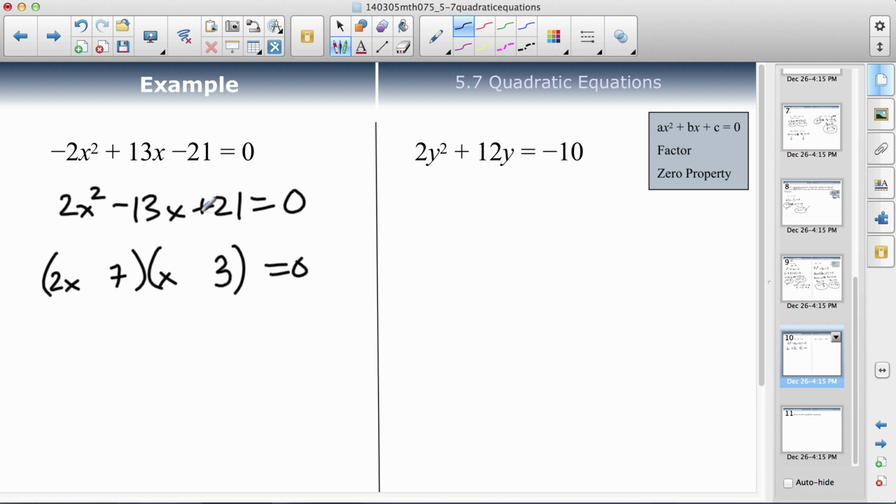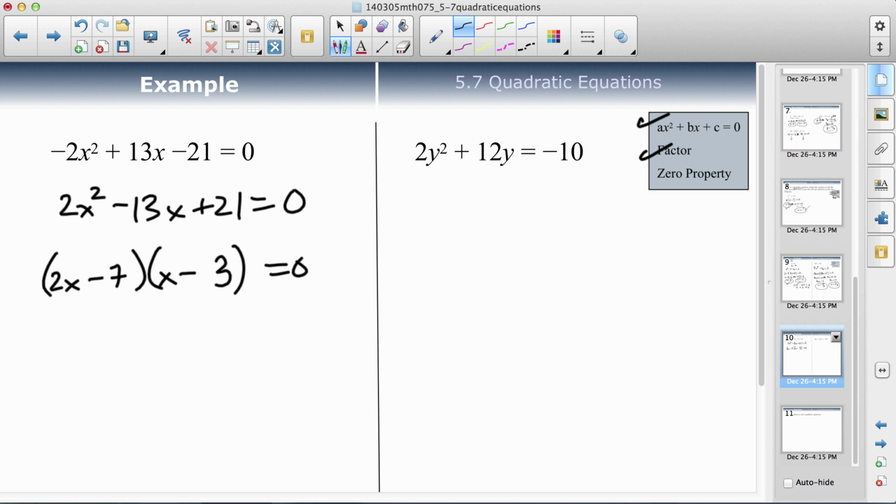This is positive, so they both have to be the same sign. They both have to be negative. Let's just check that. 2x squared minus 6 minus 7, that's minus 13. Minus 7 times minus 3 is positive 21. Okay, it's factored properly.